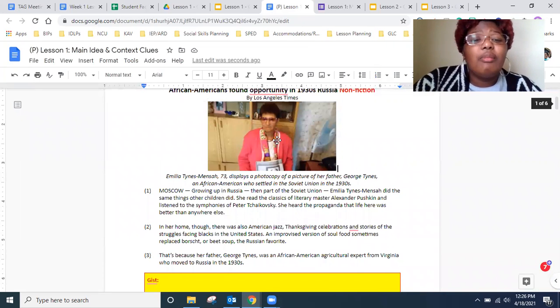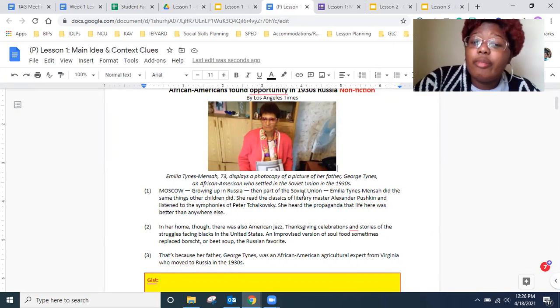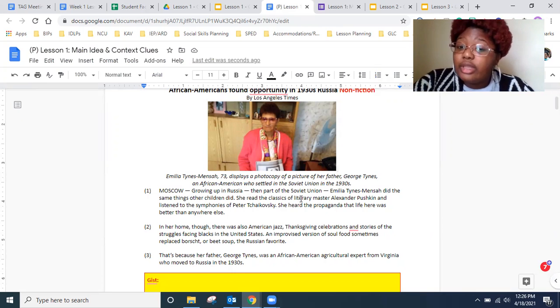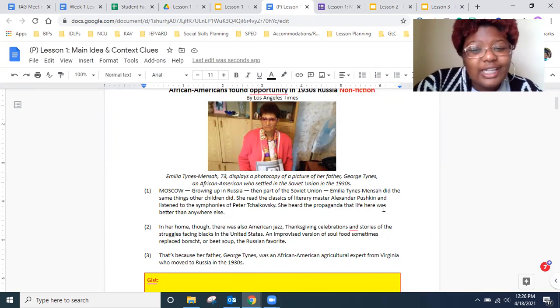It says, Moscow. Growing up in Russia, then part of the Soviet Union, Amelia Teens Mensa did the same things other children did. She read the classics of literary master Alexander Pushkin and listened to the symphonies of Peter Tchaikovsky. She heard the propaganda that life here was better than anywhere else.